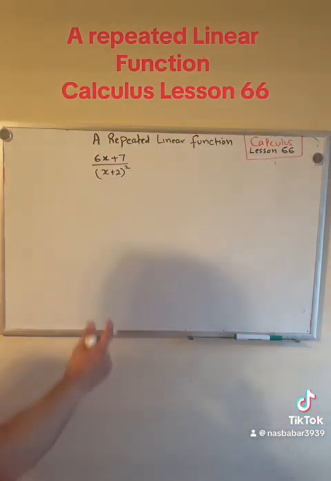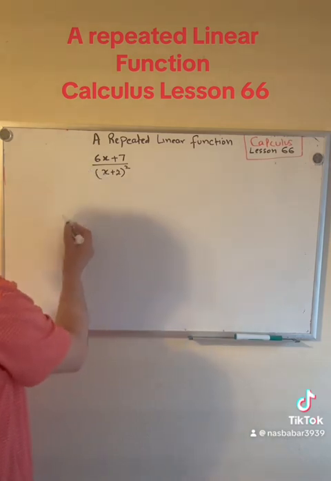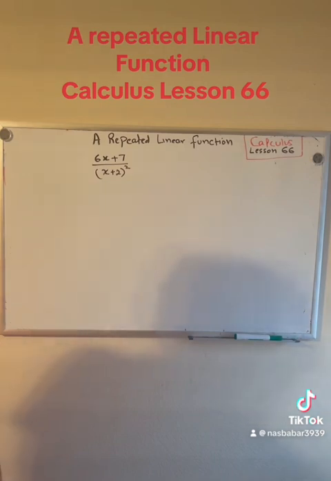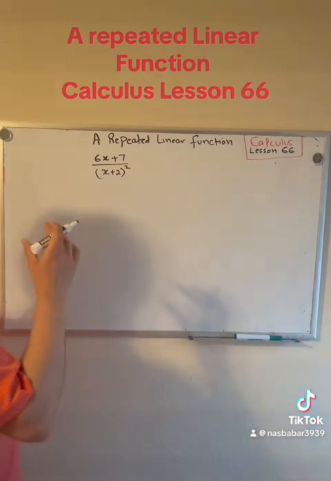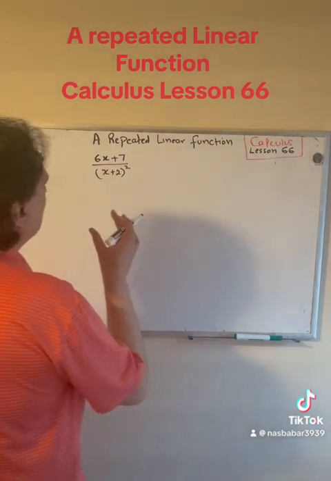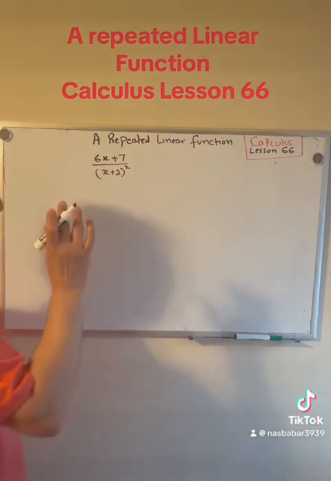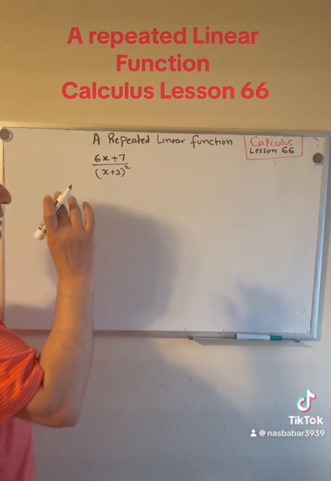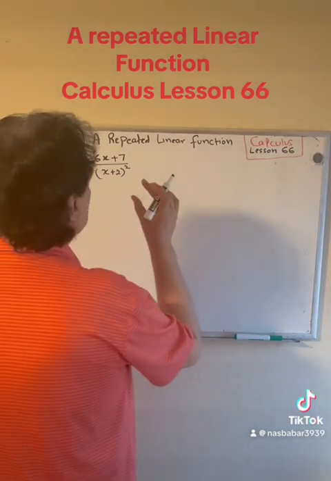6x plus 7 is in the numerator, and in the denominator we have (x plus 2) whole square. On the numerator, we just need a single coefficient.